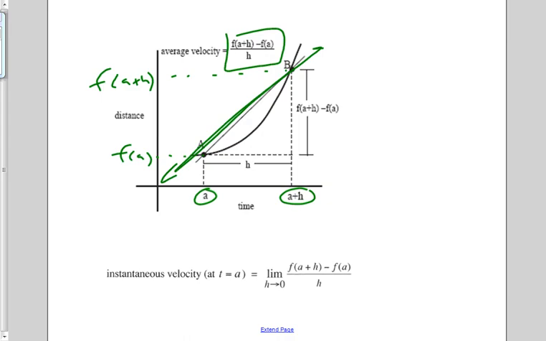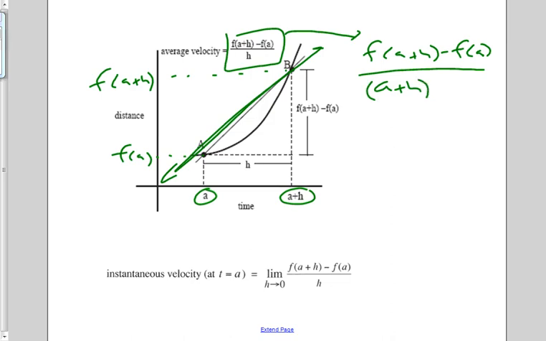To see that, our first y value is f of A plus h minus our second y value, f of A, all over A plus h, x value, minus A. And that's where that h standing alone comes from, because the A's are going to cancel off. And that's for the average velocity.